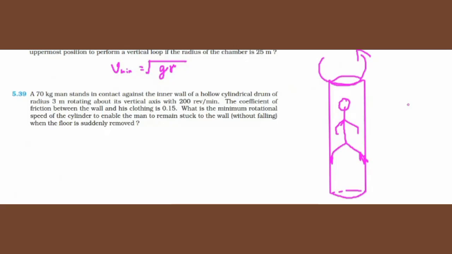Now, what happens there? If there is sufficient friction, definitely he can stay back there. Friction should be sufficient, friction here on the wall. When the drum rotates, he can stay back by pressing on the wall, getting sufficient friction there.